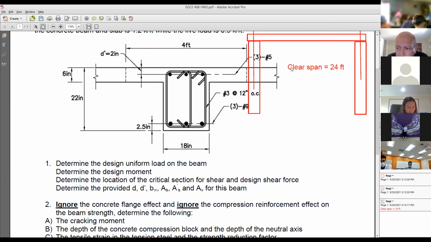Is A 1.96? Well, I'm getting 1.47 inches. Yeah, I got 1.47.